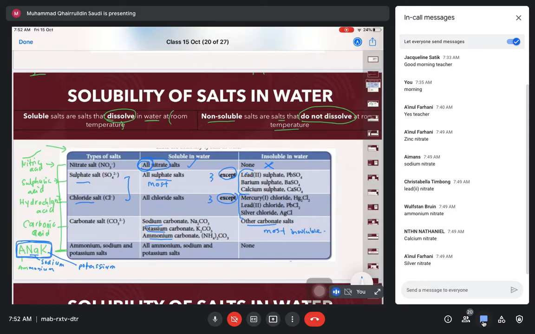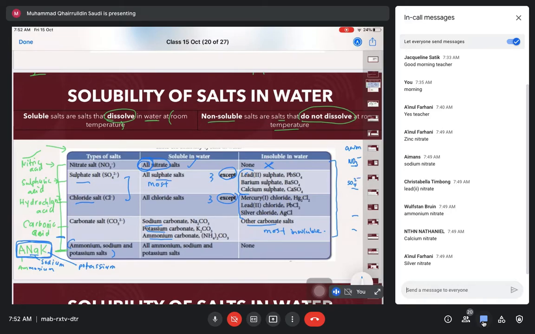And the last one is ammonium, sodium and potassium. If you notice, this 4 is the anion. Bahagian belakang dia, anion. So, kalau anion dia nitrate, dia nitrate salt. Kalau anion dia sulfate, dia sulfate salt.